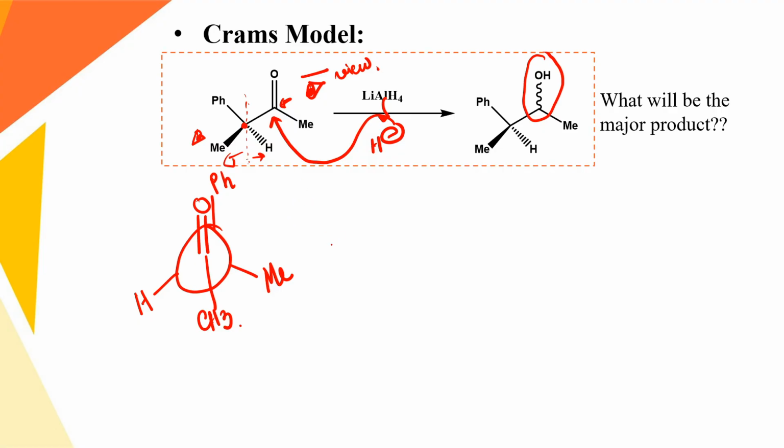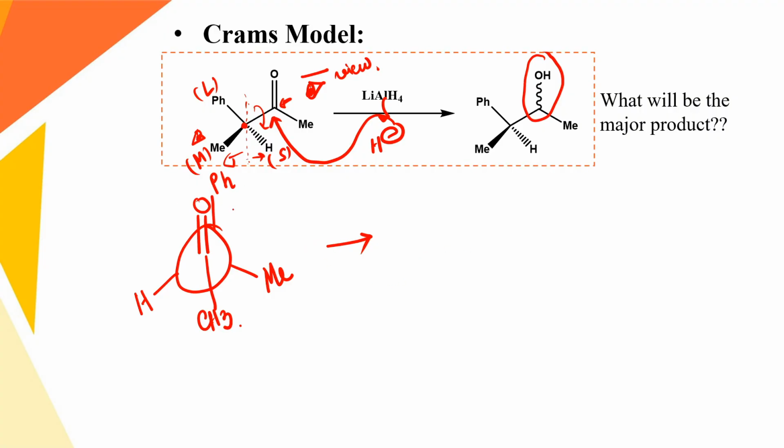Now as per the Cram model, we have to rotate that particular bond in such a way that the angle between the Ph, that is the large group here, this is the medium group and this is the small group. The large group Ph will have exactly 180 degrees, the staggered position, to the carbonyl carbon.